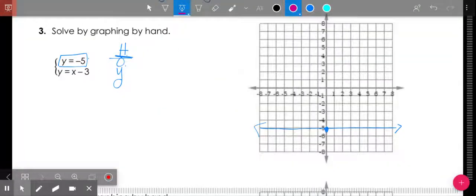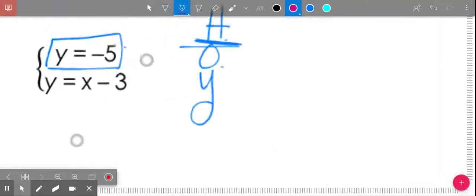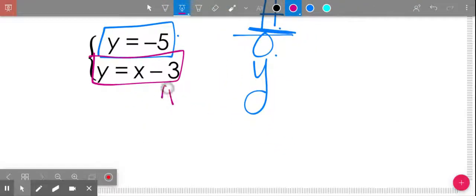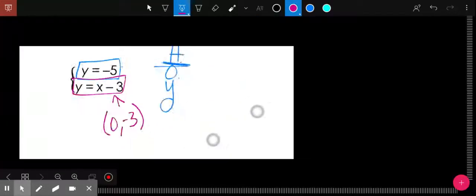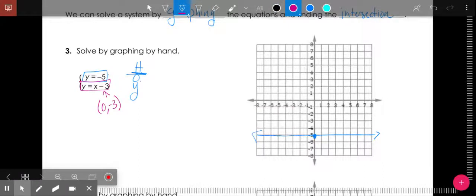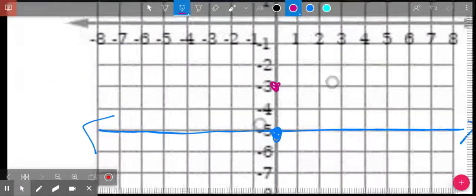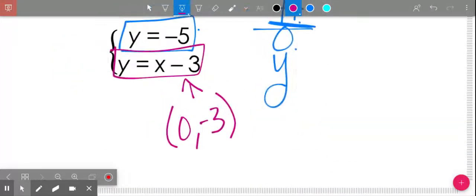We have y equals x minus 3. To graph that, we have to remember that our y-intercept is 0, -3. So I'm going to plot a point at 0, -3. My slope is just 1.